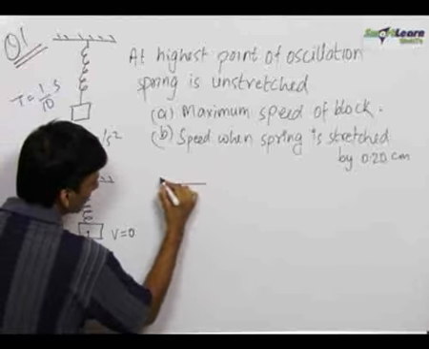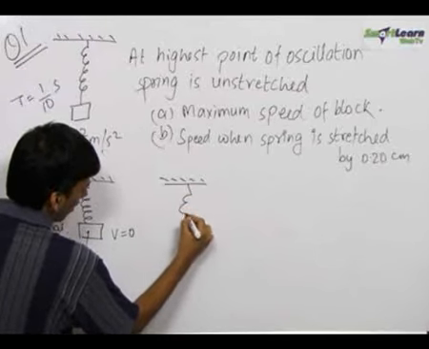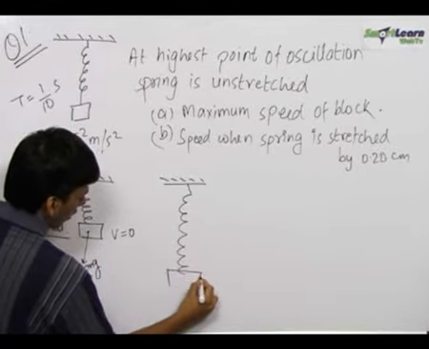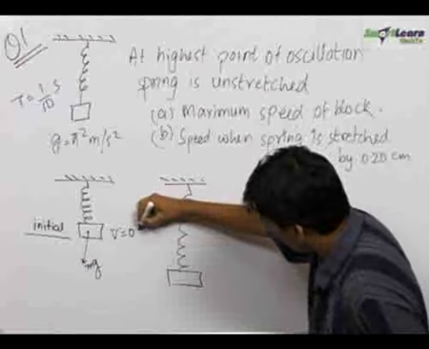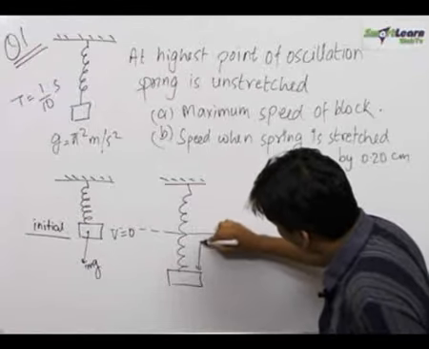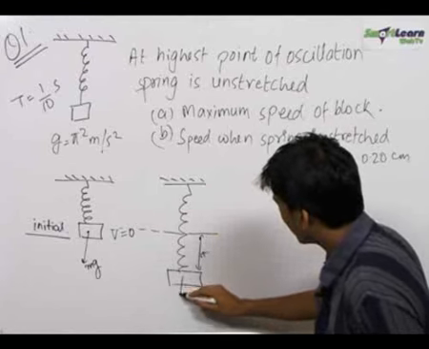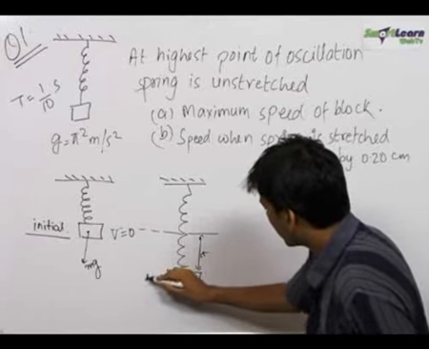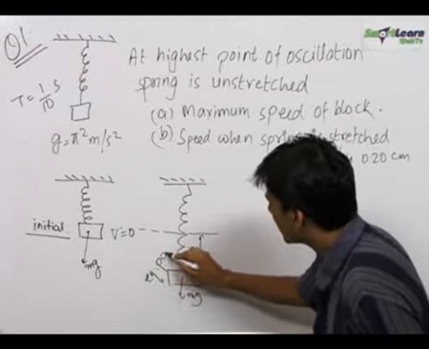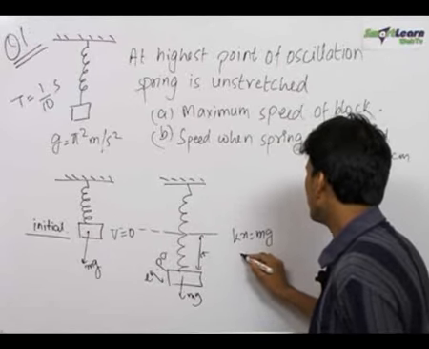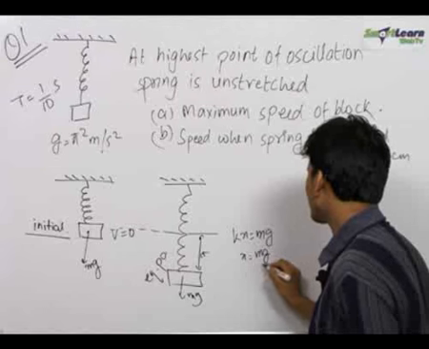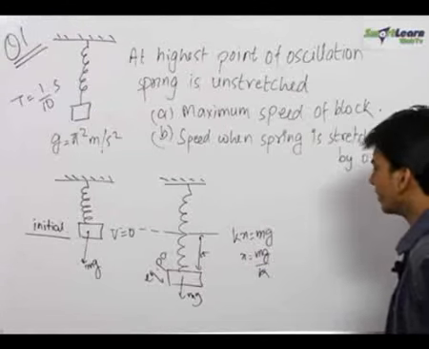Now the next state comes when the block is stretched by x. If this is the equilibrium position, then kx is equal to mg, that is x is equal to mg by k.